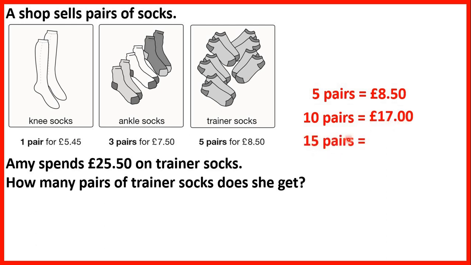Now to find 15 pairs, we can add what we got for 5 pairs to what we got for 10 pairs, and £8.50 plus £17 is £25.50, and that's how much she spent. So we know that she must have bought 15 pairs of trainer socks.